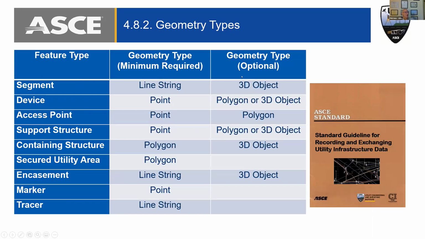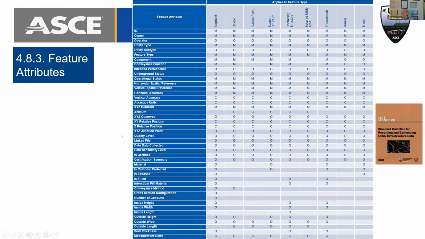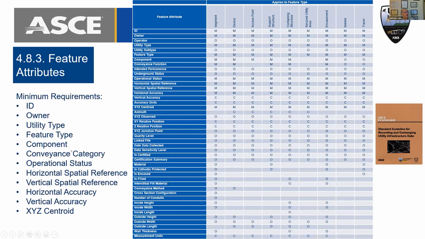And then again, we have both a 2D and a 3D definition for these geometry types, I guess we should say. And then again, don't memorize this, but what you'll see in here are M's, O's, and C's. And M is minimum. So we have these minimum data attributes that we capture, and with this we can turn around and create the digital twin.